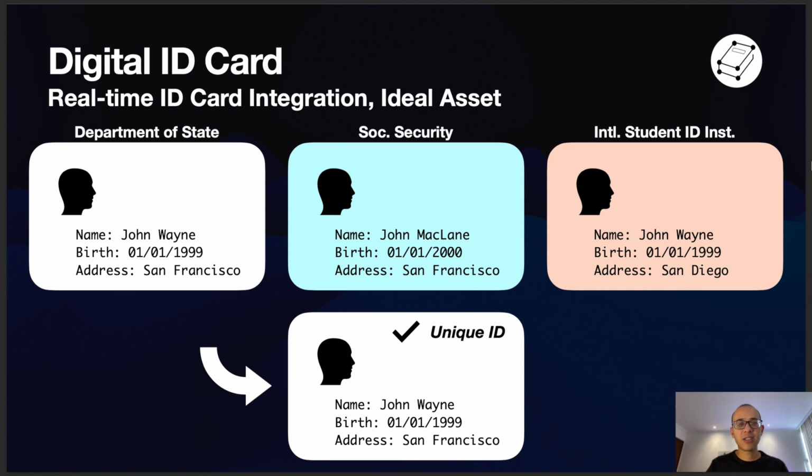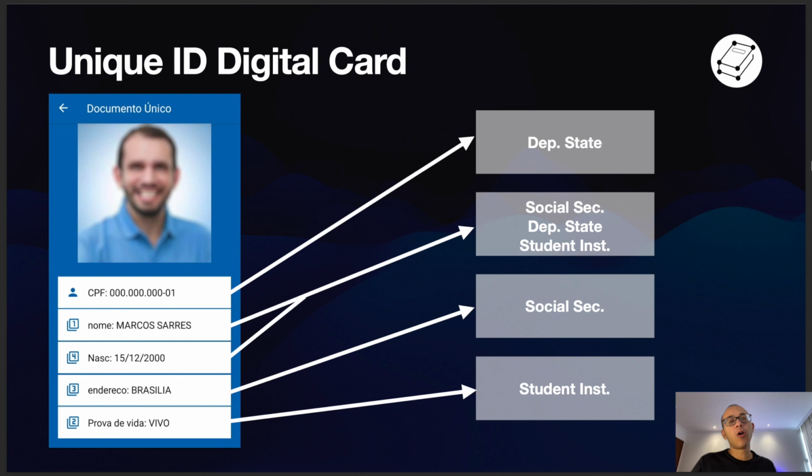So the ideal asset transaction provides an easy and unique identification with the statistically most correct version of the different registries. And then, of course, the final user can see their own unique ID in a mobile app with each information associated with the org registration.